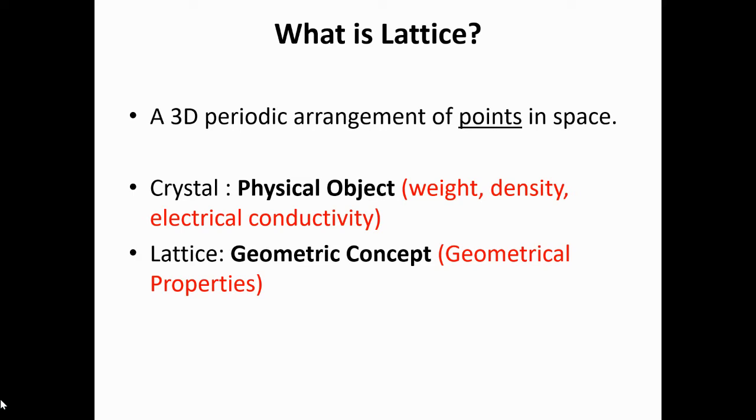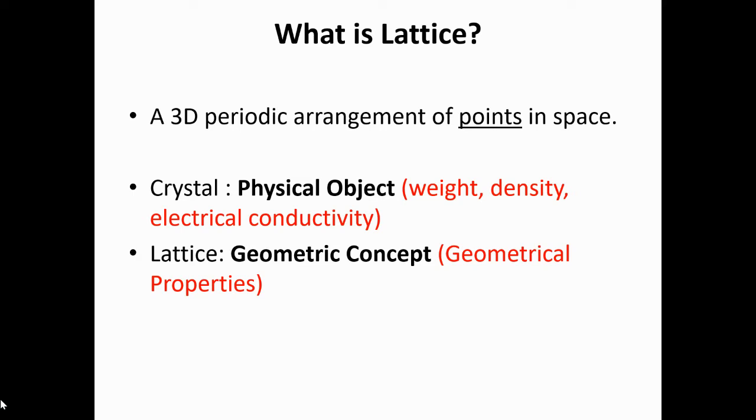So, the difference between crystal and lattice is whether the points are being considered or atoms are being considered. Otherwise, both are three-dimensional periodic arrangements. This is the reason for confusion between these two concepts.